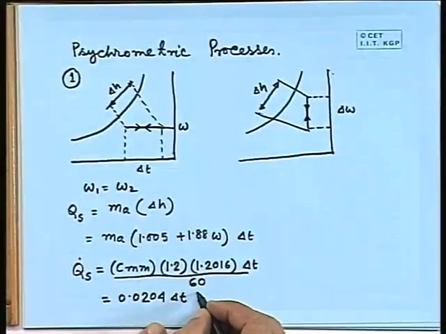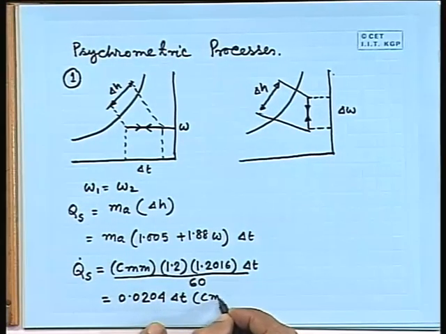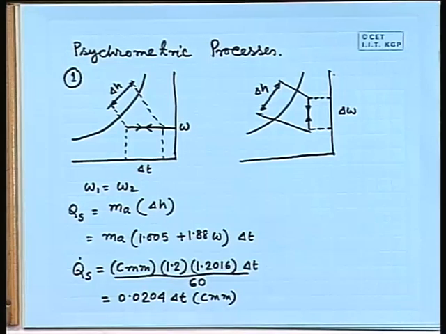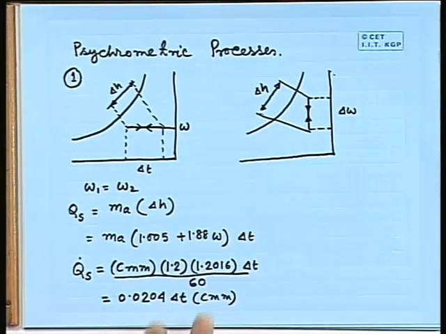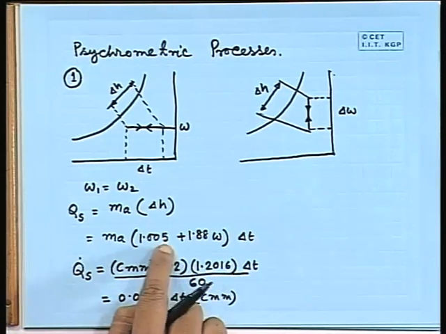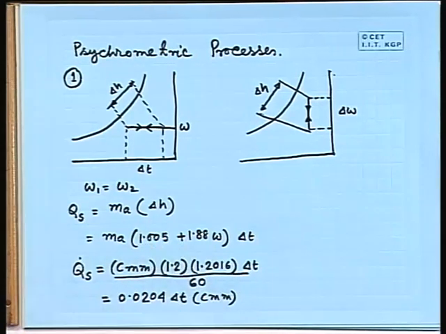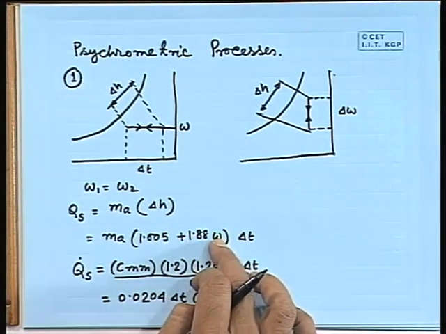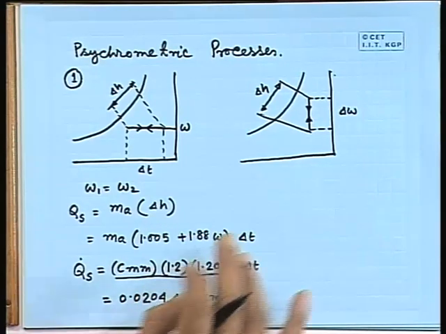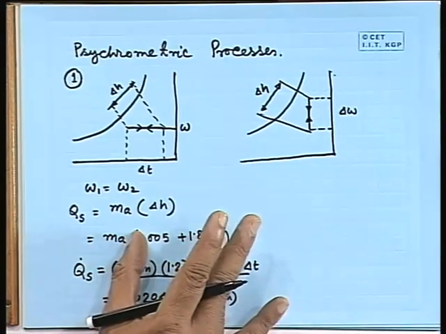Well, I have missed something. So, CMM should be there. You have asked whether 1.2016 is coming by adding up these two terms. Well, we cannot add up these two terms unless we know W or specific humidity, and for different specific humidity this value will be different.